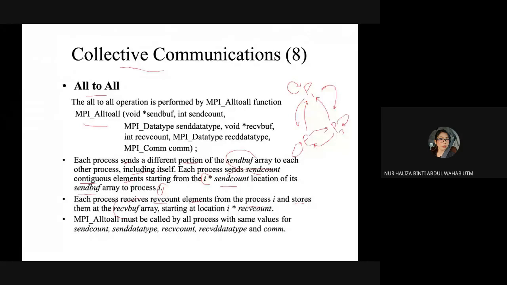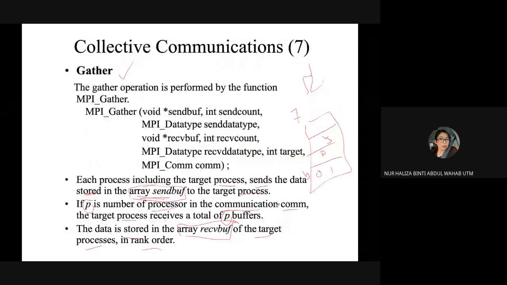So you can see you're going to store it in an array of receive buff starting at the location of I. So this function MPI all to all must be called with the same values of the function arguments. It's quite similar to your scatter.